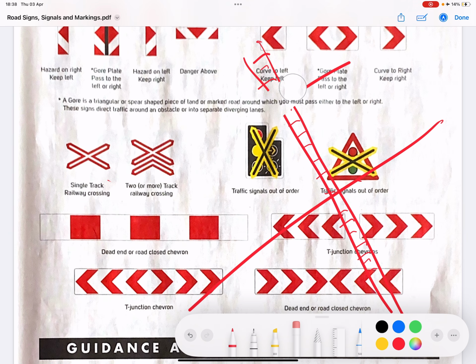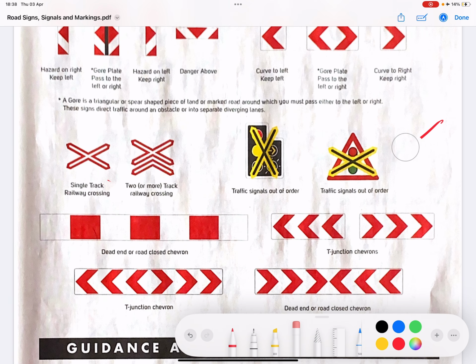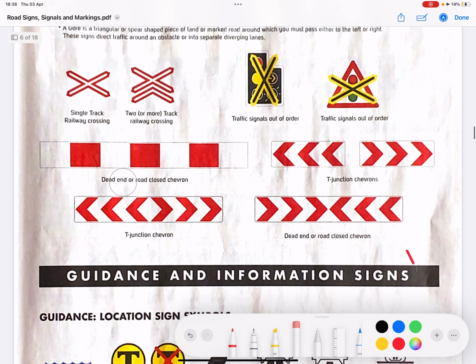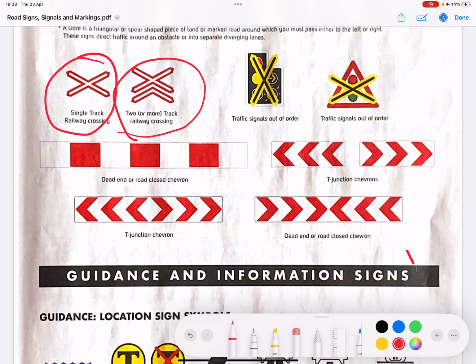There's a railway that is crossing the road. That's it. So if it's like this, it's a single track, and then double track. So this one means that there are two or more railways that are crossing the road. Two or more.